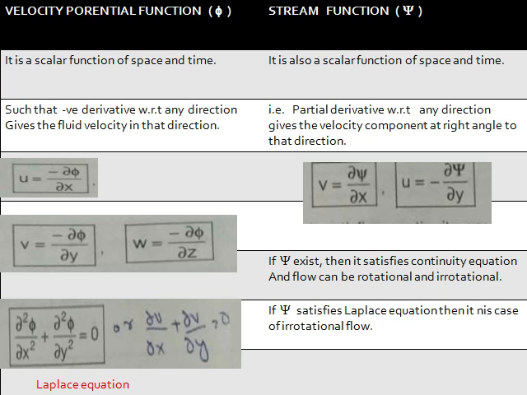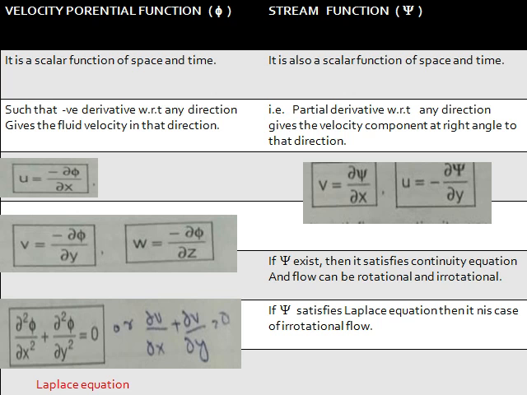The velocity potential function is such that if we take its negative derivative in any direction, it gives the fluid velocity in that direction. Similarly, if we take the partial derivative of the stream function in any direction, it gives the velocity component at right angle to that direction.